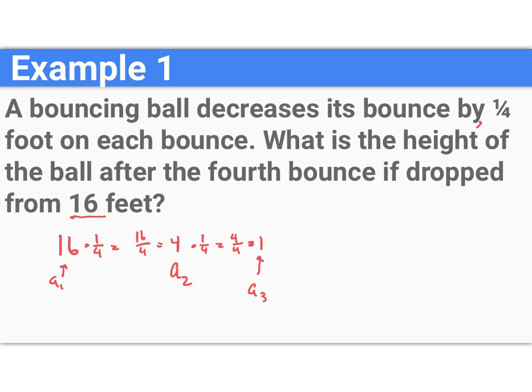So on the fourth bounce, here we go, is 1/4 of a foot, a quarter foot. What's a quarter foot? 3 inches. So there we go. Here's an application of sequences.